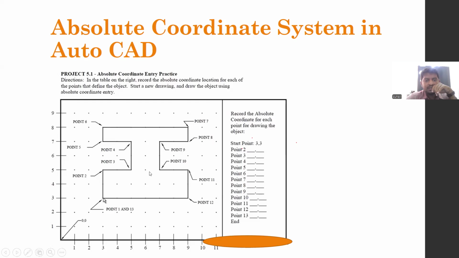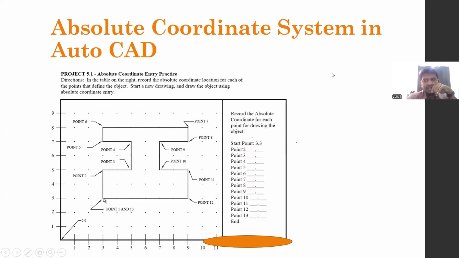If any question asks you, you have to write in some way. In some way means, first of all, you have to write as an answer: start, then open AutoCAD.